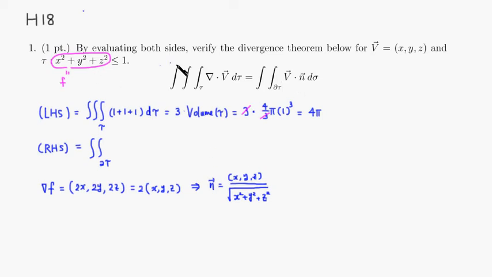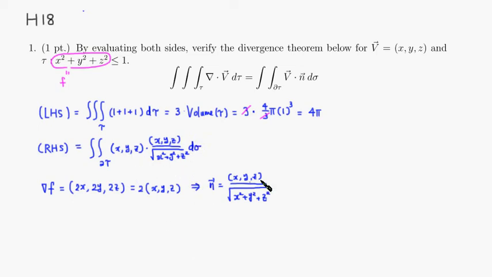So v is x, y, z, multiplied by x, y, z over the square root of x squared plus y squared plus z squared, with the surface area element.